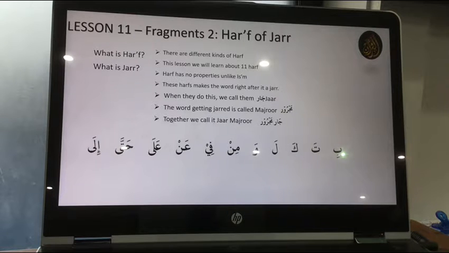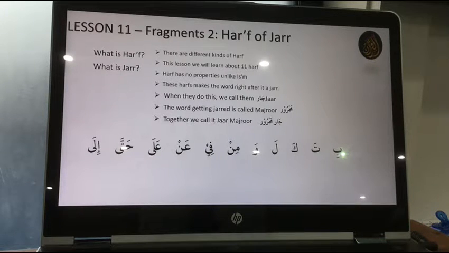Let's look at something. In Surah Al-Asr, we say wal asri. The first wa is this wa, which is the harf of jar. Then we say innal insana lafi khusr, illalladhina amanu. Then wa amilus salihat.